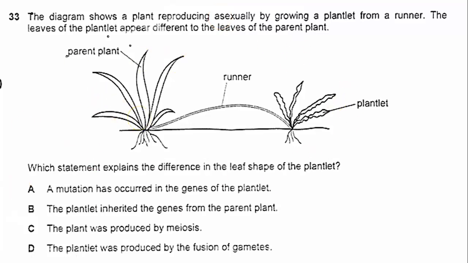So what must have happened here? A mutation, because in asexual reproduction, the offspring should be similar to the parent. So if you see any variation, this means that a mutation in the genes has happened.